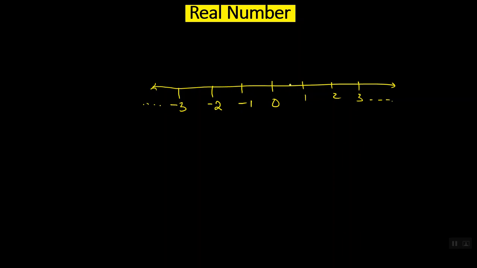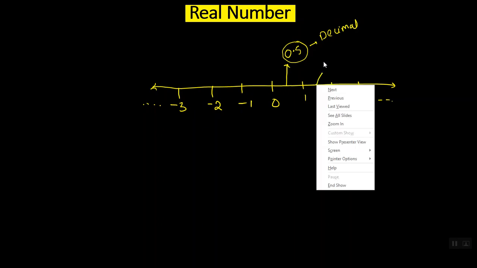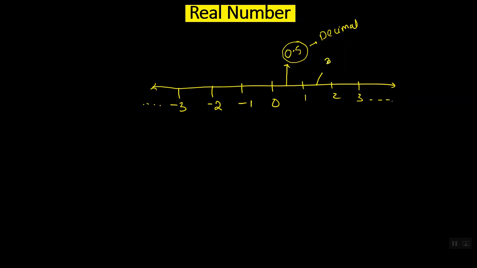If I say a number between 0 and 1, for example 0.5, this representation is a decimal. If I say a number between 1 and 2, I can write it as a fraction, 3 by 2, which is equivalent to 1.5. This type of representation is the fraction, or we can also say a rational.